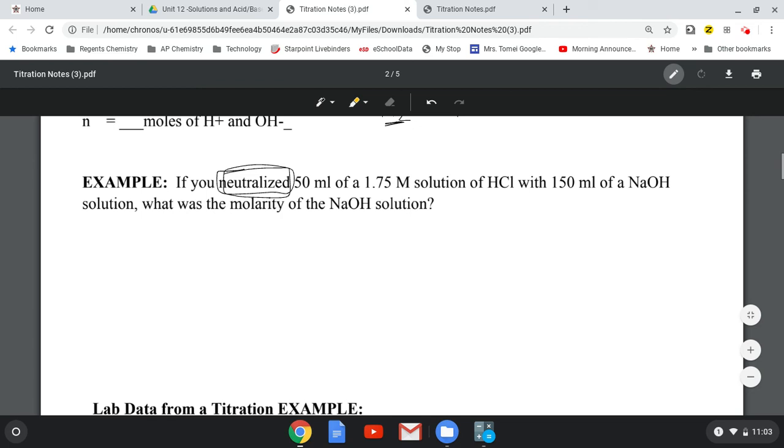Not only that, if you read through, if you neutralize a 50 milliliter solution of 1.75 molar, so we've got a volume, we've got a molarity, and in this case, they're both for the acid. Then we're going to neutralize that with 150 milliliters of sodium hydroxide, which is our base. So we have a volume of our base, and we want to know the molarity of the base.